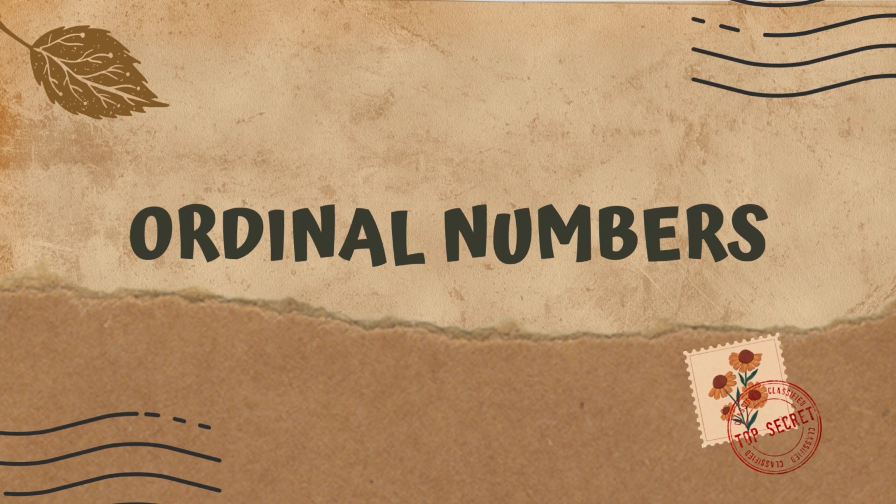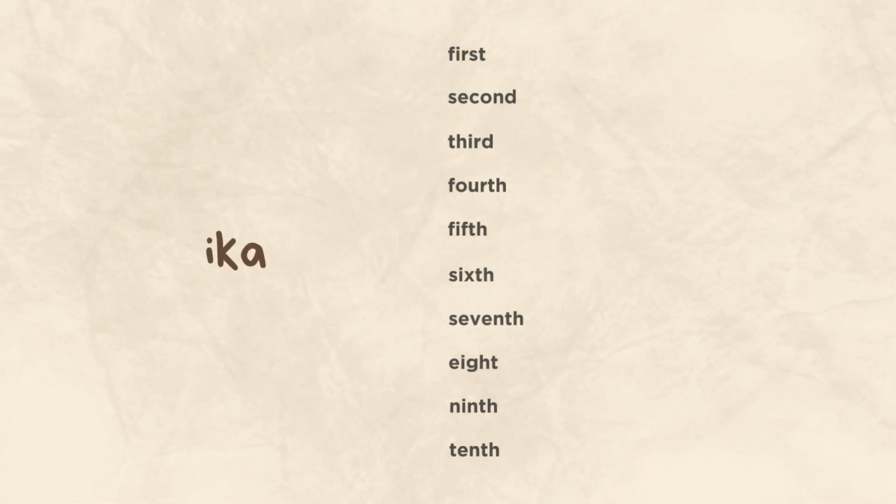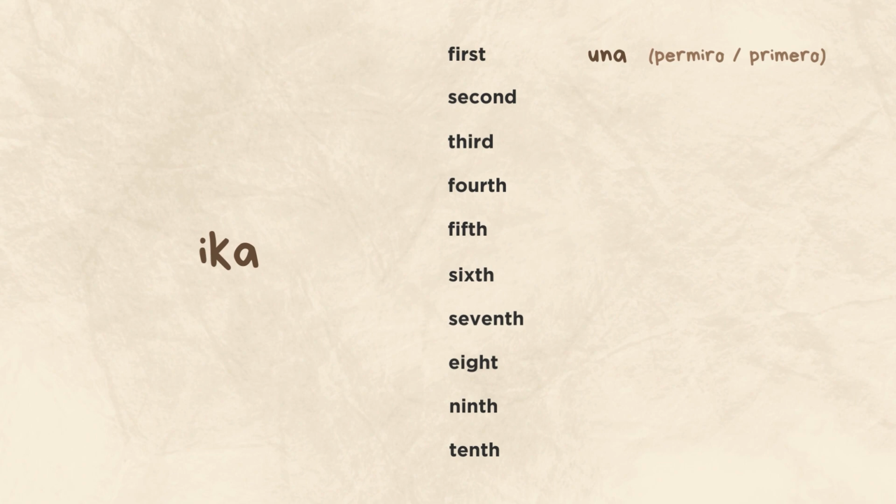So for specifying a numerical ranking, we would need the prefix ika, with the exception of number 1, which would be una. Or some people would also use the word primero, which is similar to Spanish. Second is ikaduha.